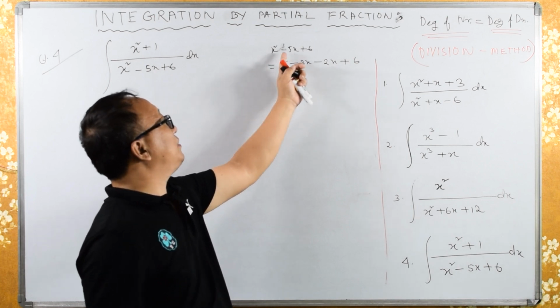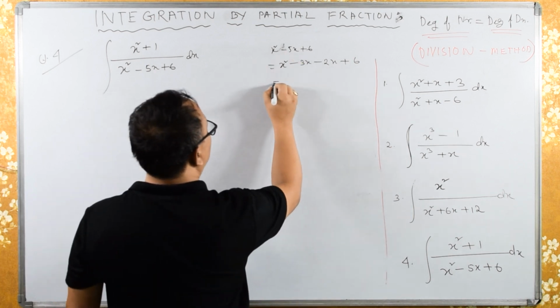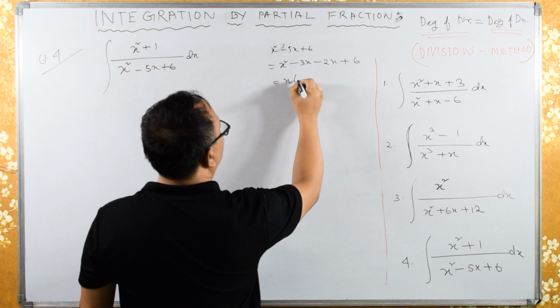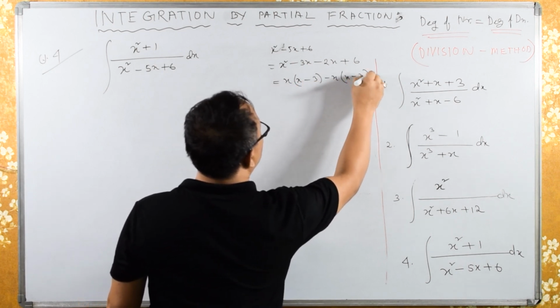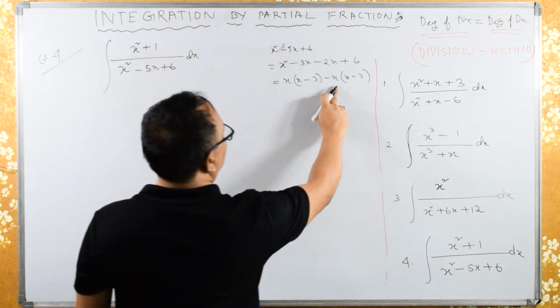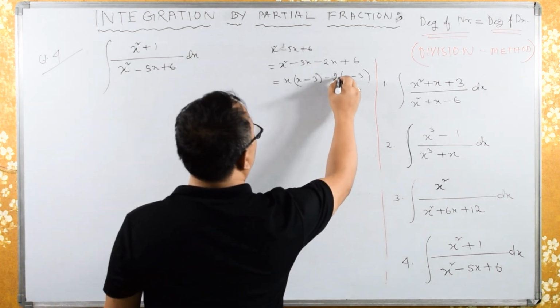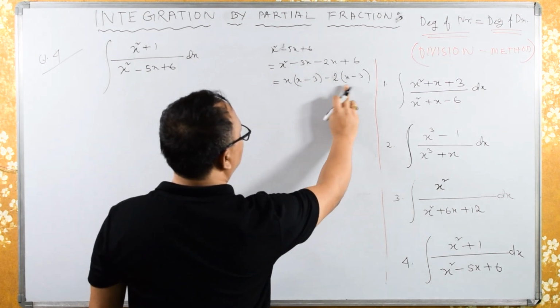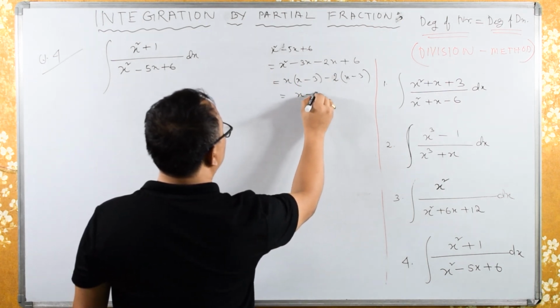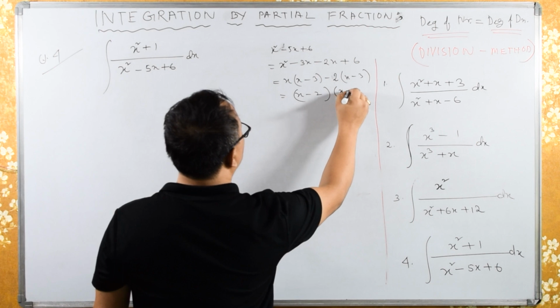If I add these two, getting minus 5. x common, x minus 3, minus 2, x minus 3, check it. This is x minus 2 into x minus 3.